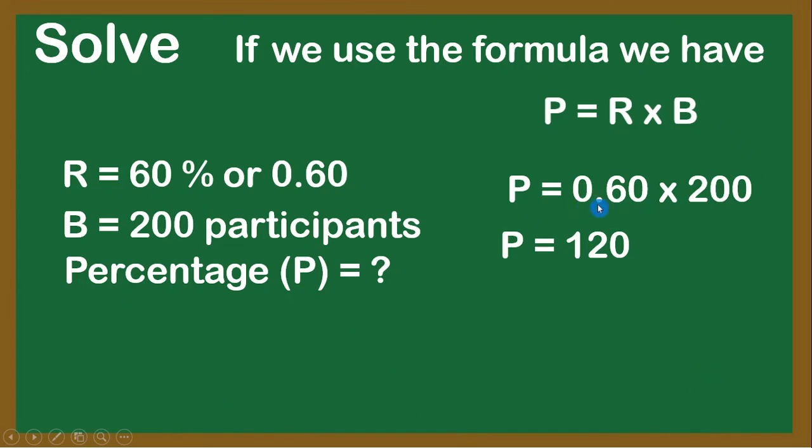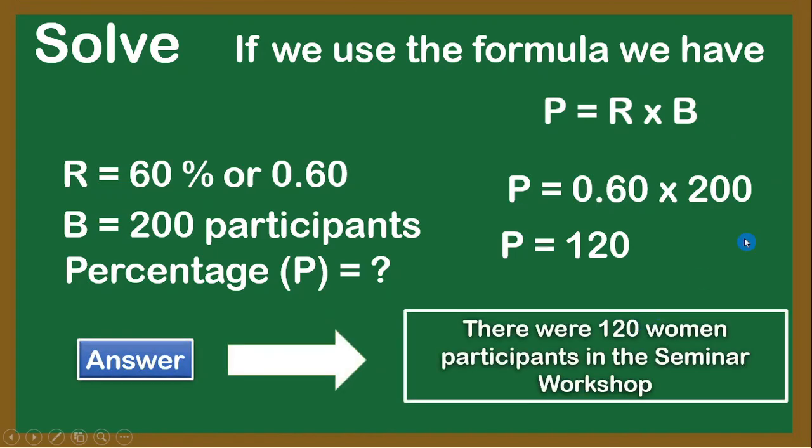That is, taking the product of 60 hundredths times 200 will give 120. The answer now is, there were 120 women participants in the seminar workshop.